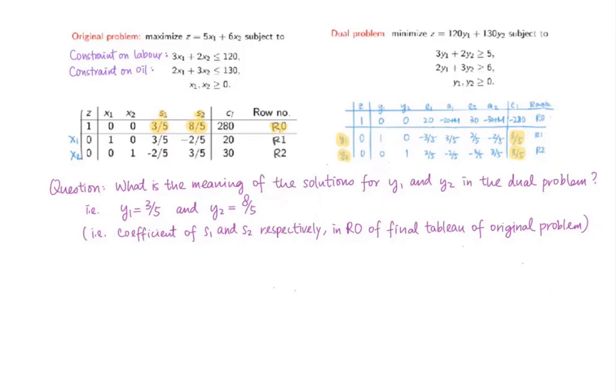How much is this owner willing to pay for these extra minutes of labor work? Besides, if the company has the same number of minutes of labor work, that is 120 minutes, and the owner buys 1 more liter of oil in addition to these 130 liters, will there be an increase in revenue? And how much is this owner willing to pay to buy this extra liter of oil?